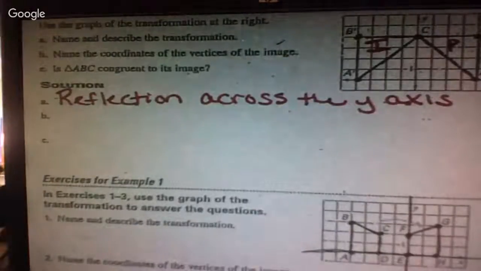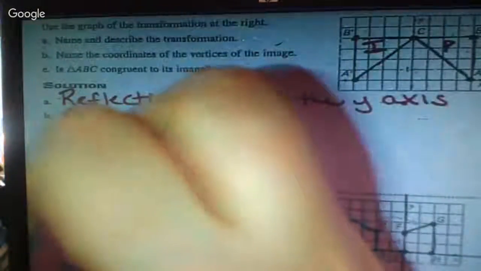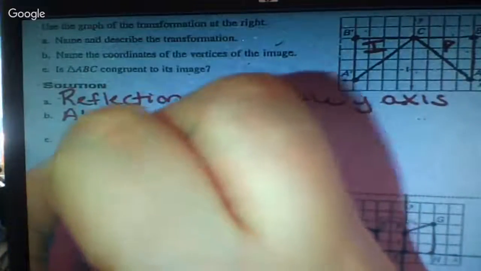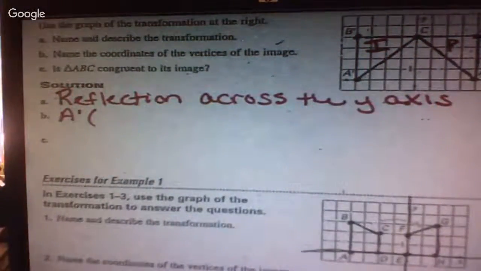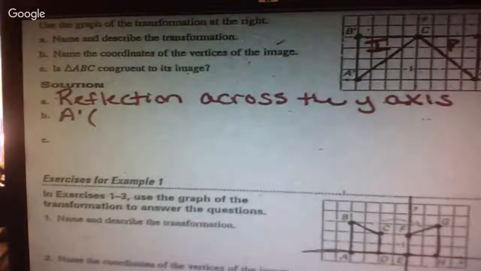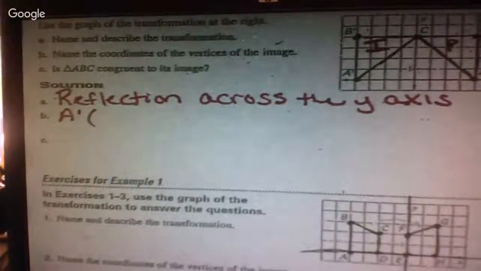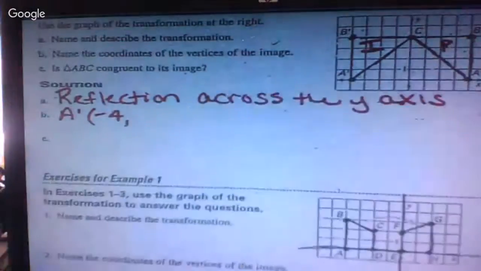Okay, so they want the coordinates of the image. So where do I find the point A prime? Where is A prime? -4, comma, 0.